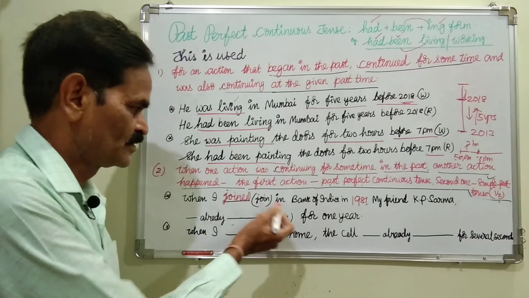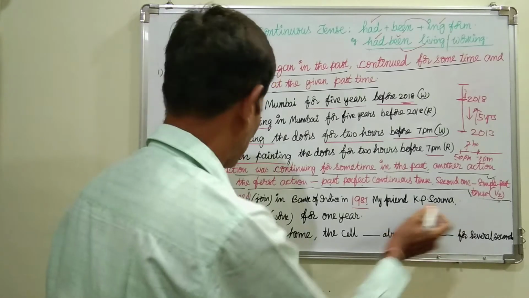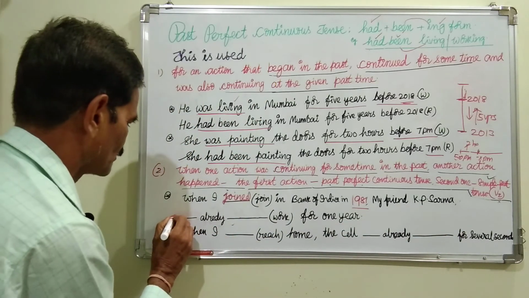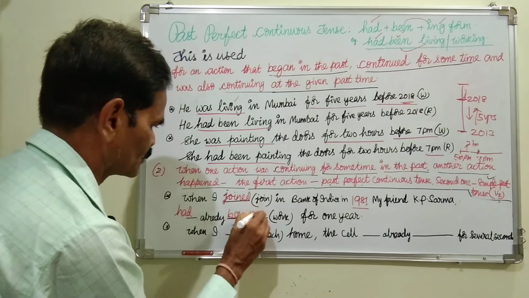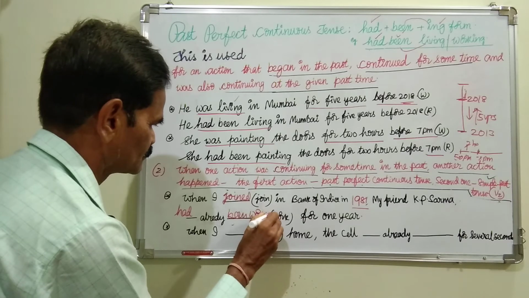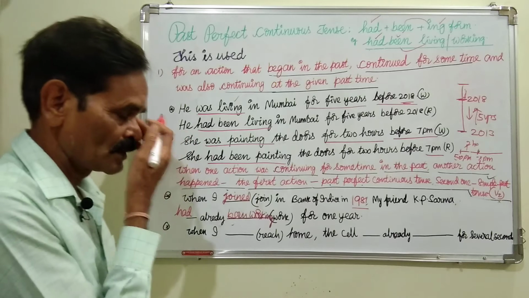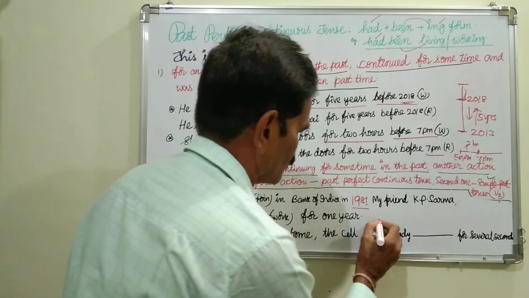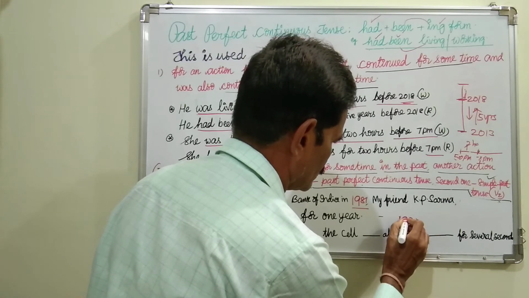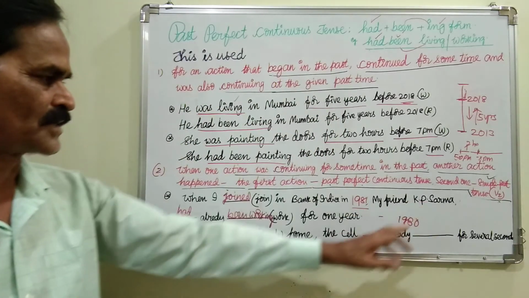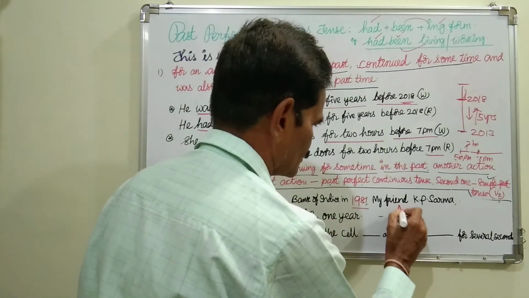When I joined in Bank of India in 1981, my friend KP Sharma, here we must write had already been working. Here work will be given. So what happened here? 1981. So in 1980, Mr. KP Sharma joined and he had been working for this 1 year.